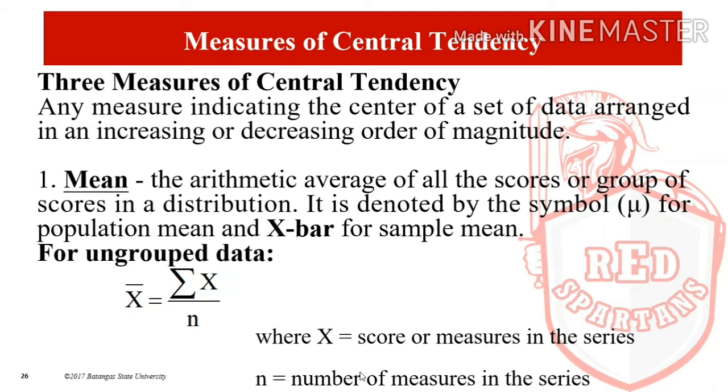For ungrouped data, yung formula natin is x bar is equal to summation of x over n. So kukunin lang natin yung total or summation ng given set of data, then i-divide natin sa kung ilan yung data natin.